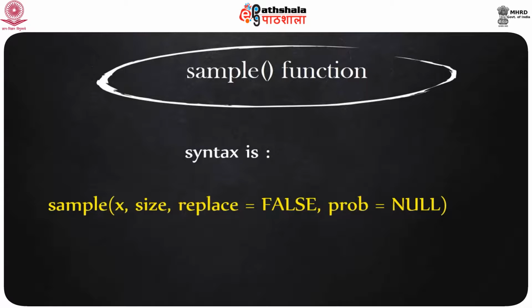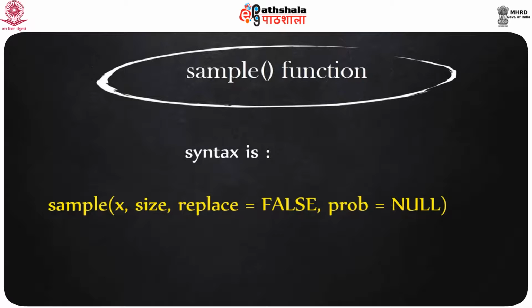Here, the sample function has the syntax that is given here. It takes x, size, replace equal to FALSE, and prob equal to NULL as arguments. Let us take up these arguments one by one.